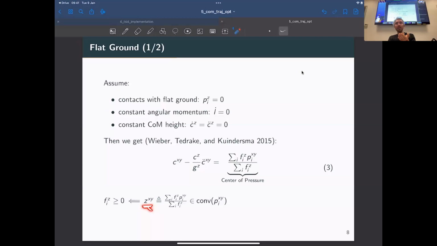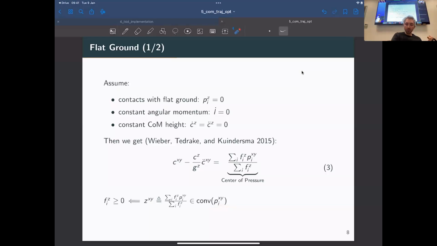So no matter how many contact points you have, this variable has a constant size. And you have a very simple constraint for this variable, which is that it must lie within the convex hull of the contact points, which is then a polygon. So if you have just 1 foot on the ground, it's going to be just a rectangle.